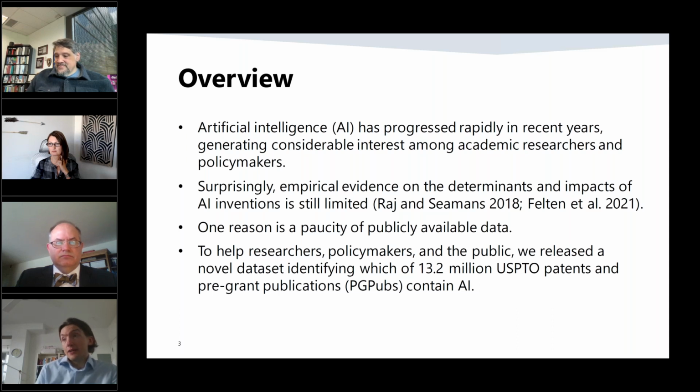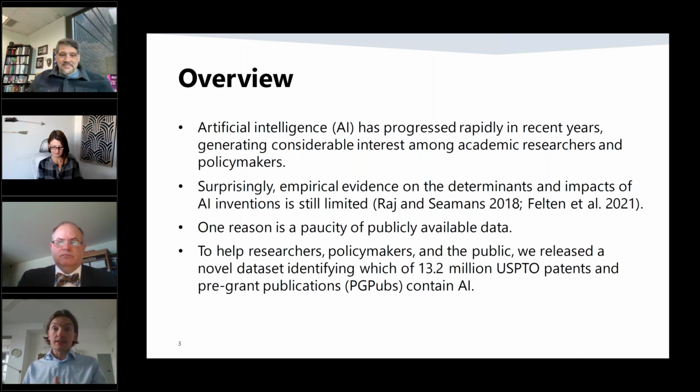We don't have data really on which firms or which companies are adopting artificial intelligence. We have some information now that I'm going to present to you today about which companies are inventing in AI, at least in terms of patents. But we saw this and said, okay, what can we do to help the situation?